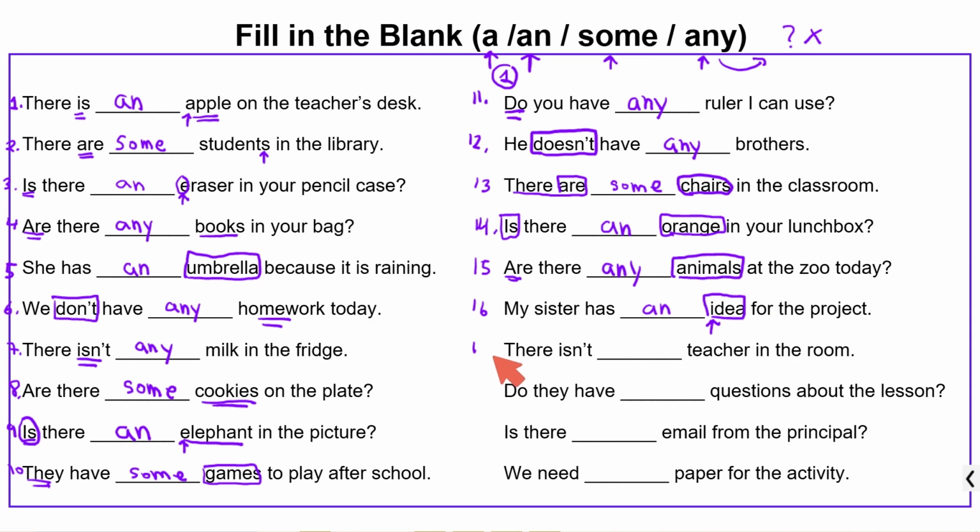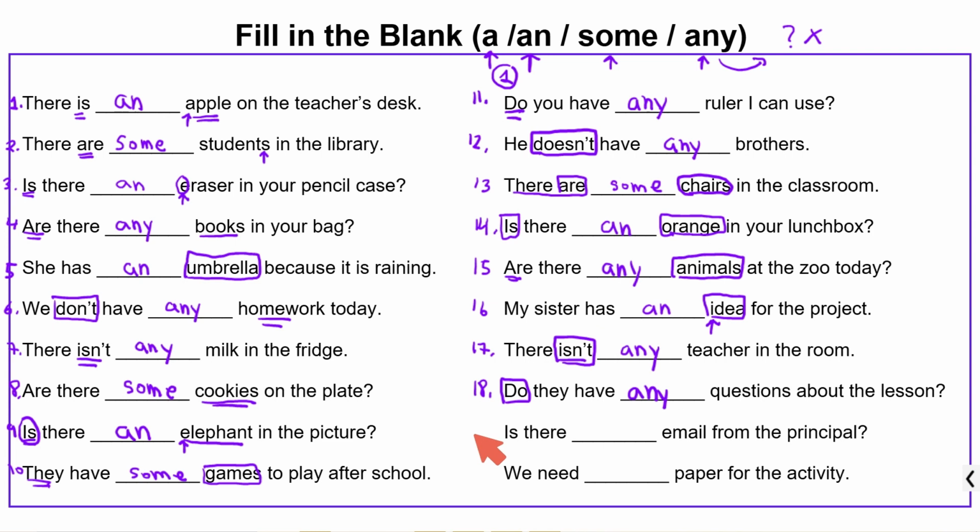Let's look at number 17. There isn't blank space teacher in the room. So "isn't," this word here, makes this sentence negative. So our answer for this will be, there isn't any teacher in the room. Number 18. Do you have blank space questions about the lesson? "Do," you're asking a question. So do you have any questions about the lesson?